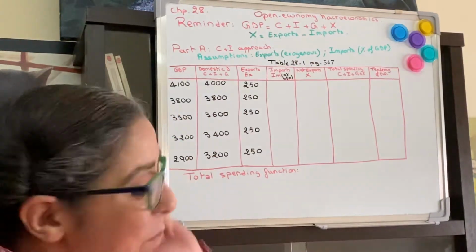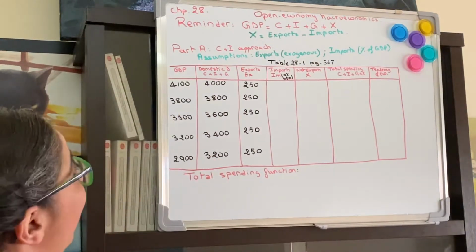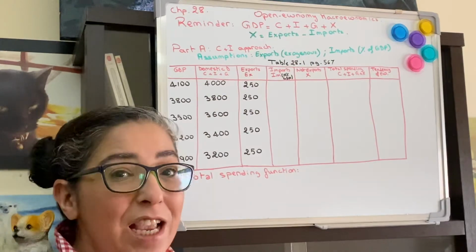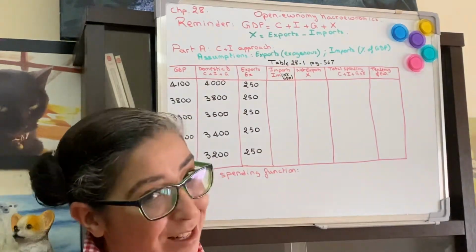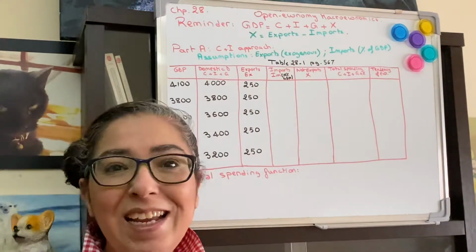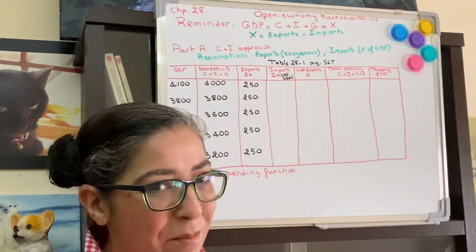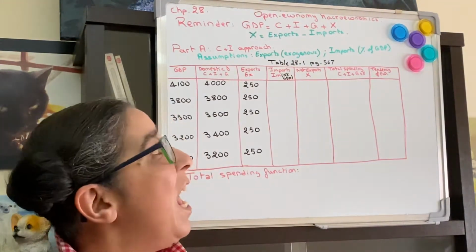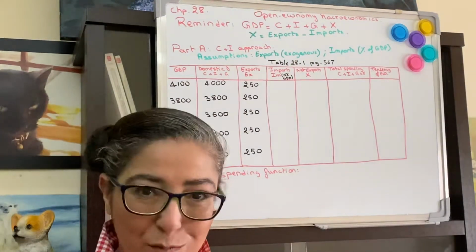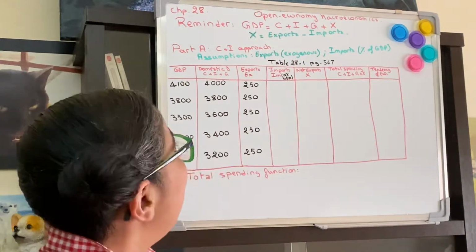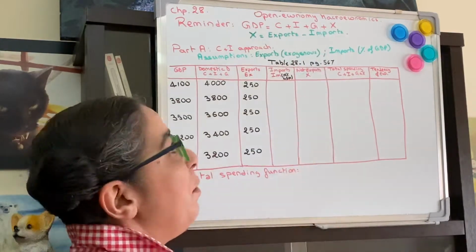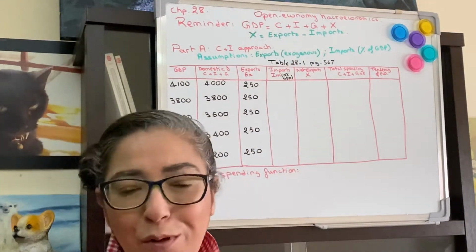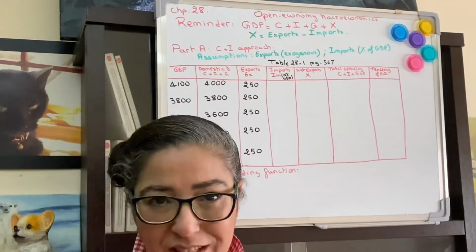So, reminder, do you remember how we calculate the GDP? It's C, consumption, plus I, private domestic investment, plus G, government purchases, and X, net exports. Net exports being exports minus imports. Do you remember why we put net exports in there?